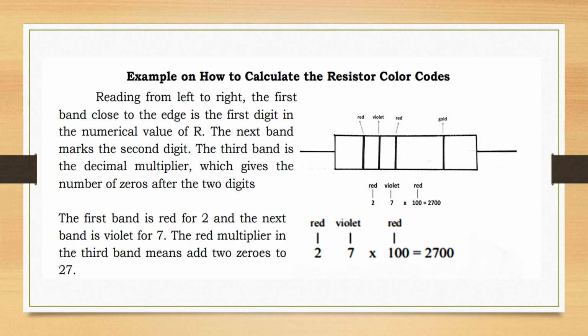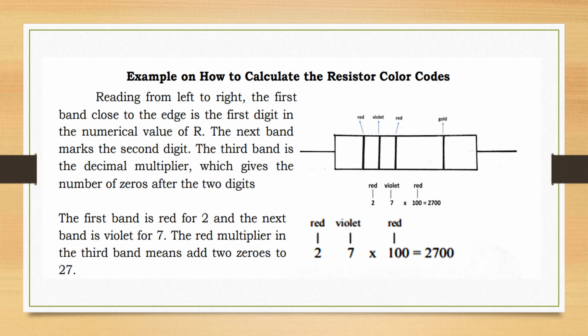The third band is the decimal multiplier, which gives the number of zeros after the two digits. The first band is red, so that is equivalent to 2. The next band is violet, which is 7.